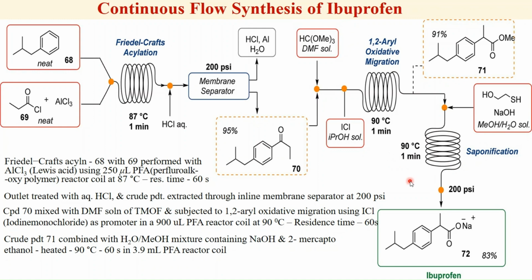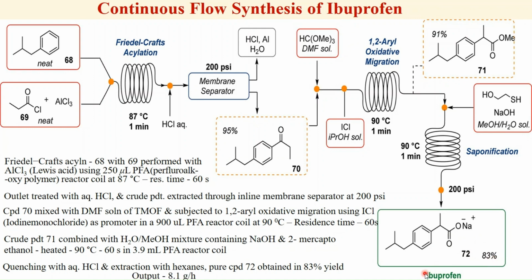Saponification occurred to give rise to the sodium salt of ibuprofen, which was separated at 200 psig, and the yield was 83%. This has been achieved with an output of 8.1 gram per hour.